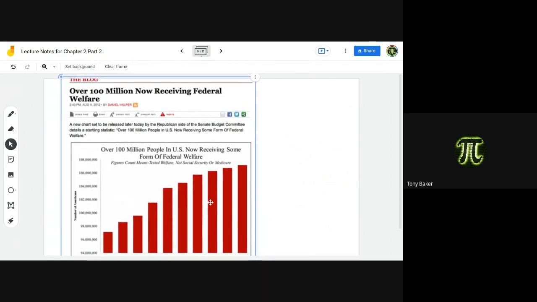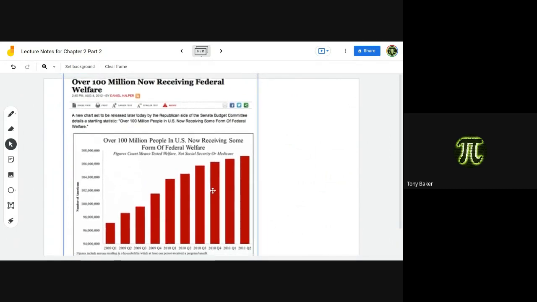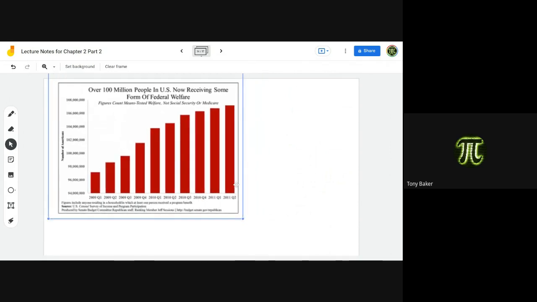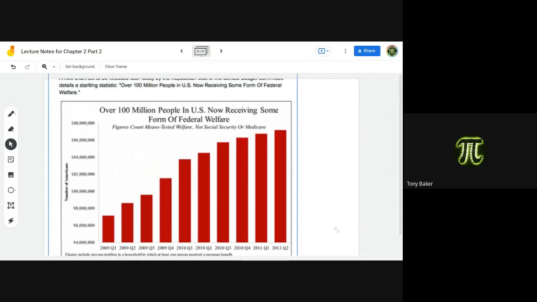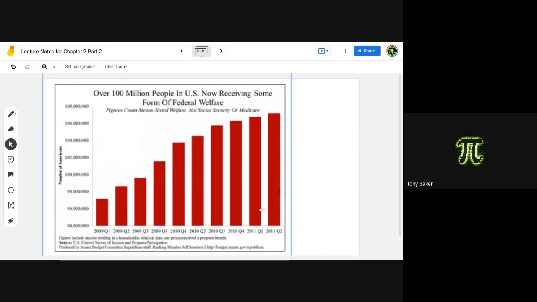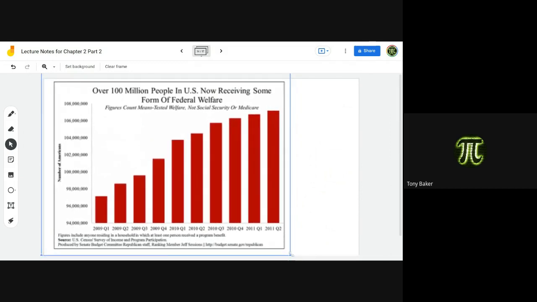All right. Over 100 million now receiving federal welfare. So this was the graph. These are old graphs. This is back in 2011, so this is an old graph. Is this a good graph or misleading?